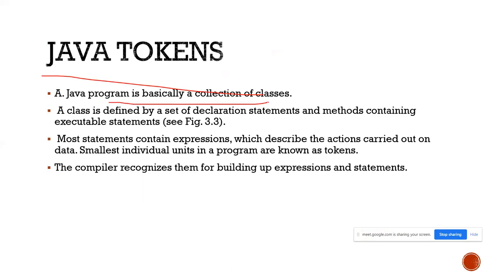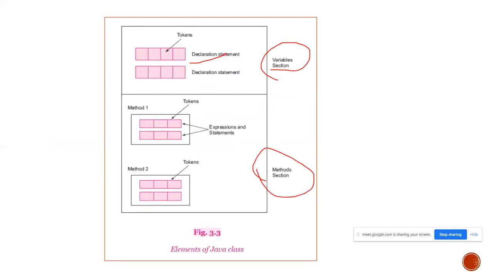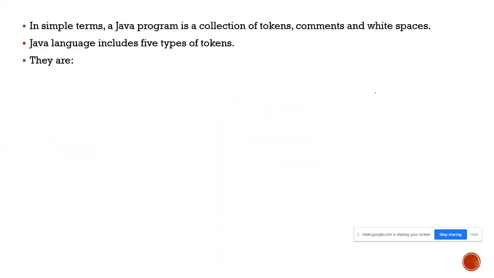A Java program is basically a collection of classes, and each class contains expressions, and each individual smallest unit in a program is known as a token. So the compiler recognizes them for building the expressions and statements. So the variable section and also the method section, both sections contain tokens. What are tokens?